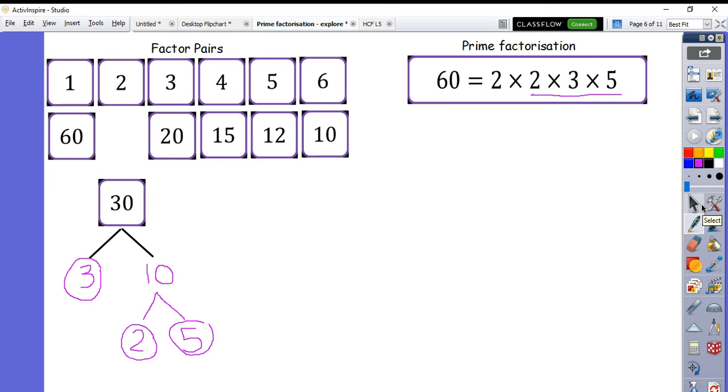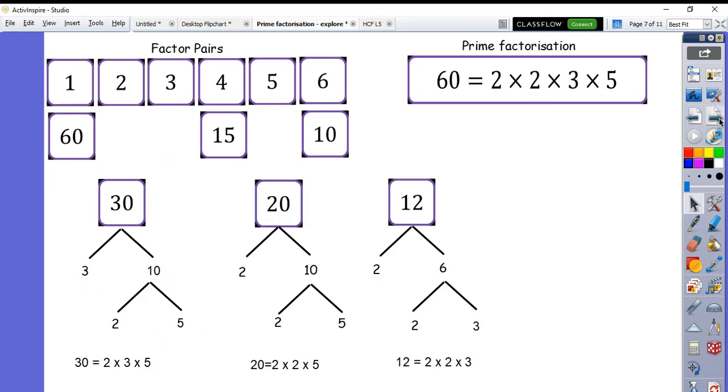Okay, so let's have a look at all the ones that we've already explored. So they were the 3 different numbers that we looked at. And I've written down here their prime factors for each of those numbers. So let's have a look at the first one.